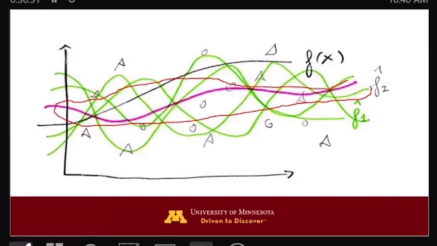So the green one overfits because it's more flexible. It's too complicated. It's going to overfit, and it means there's going to be high variance. But the pink one underfits.